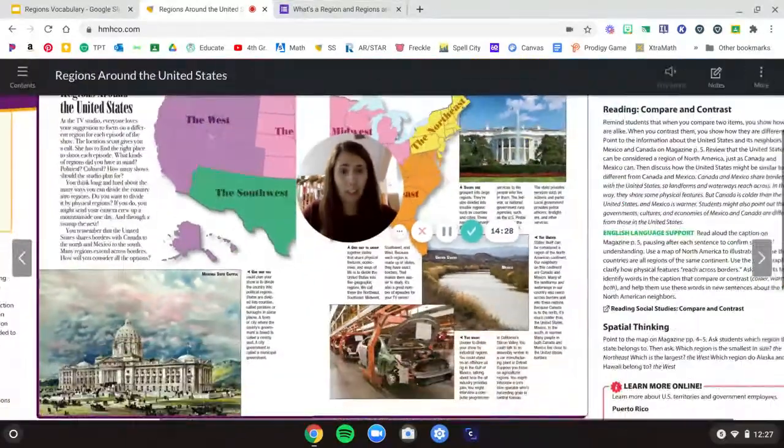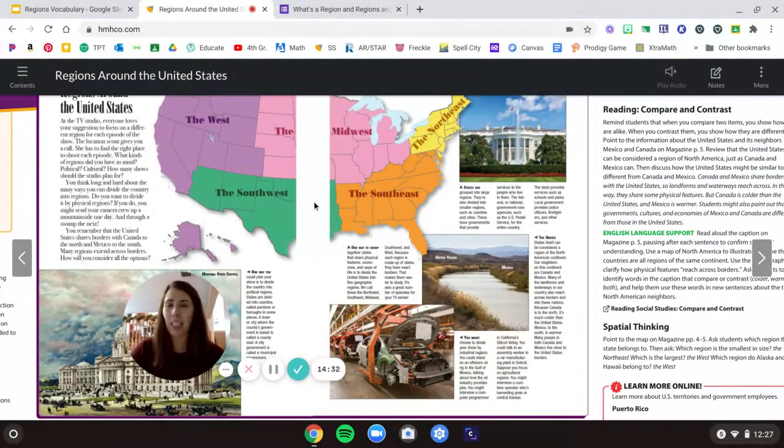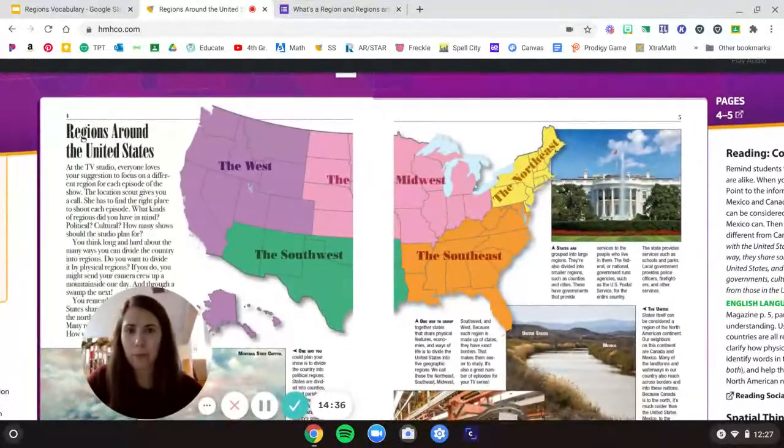So we have all of these different areas. And what's that word that means we rely on each other? Interdependent, based on what skills we have. So like in the Midwest, we do a lot of farming with grains and plants. Down in the Southeast, they do a lot with produce.